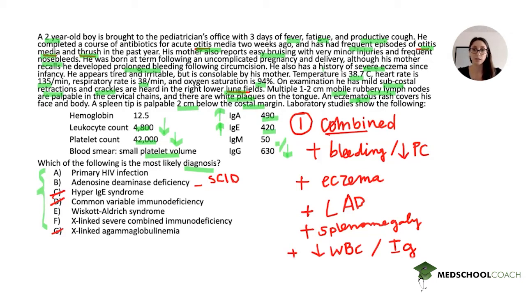So the second step, as we said, was to look at the constellation of symptoms and to see which immunodeficiency it's consistent with. And usually, once you're in that correct bucket, you'll be able to identify the immunodeficiency based on the presence of these other features. Now, the key here is just to know which features are seen in which immunodeficiency.